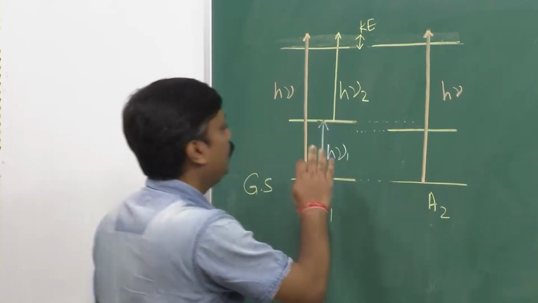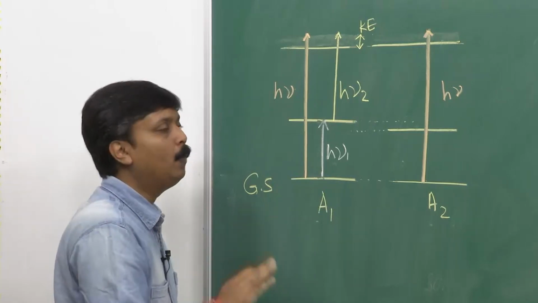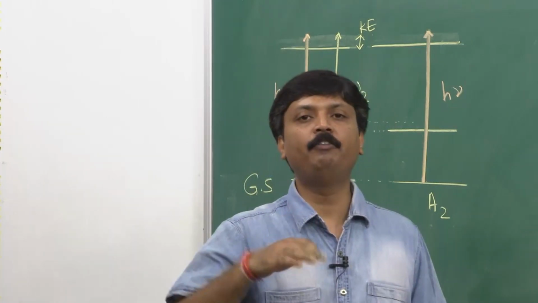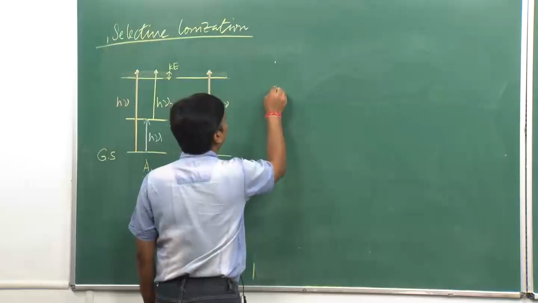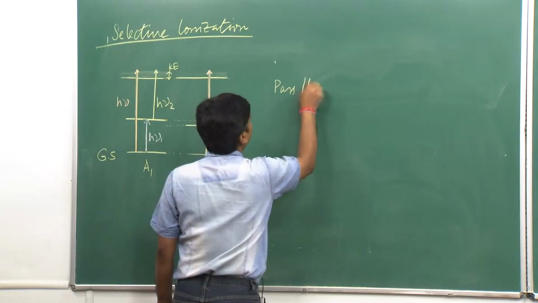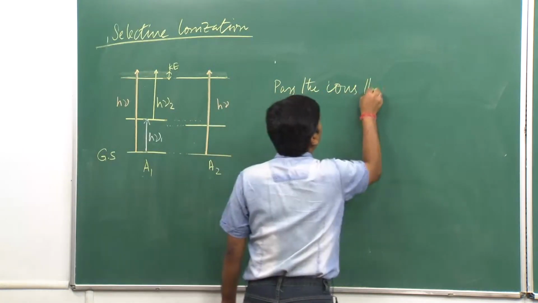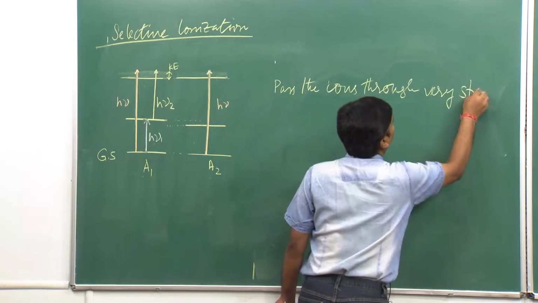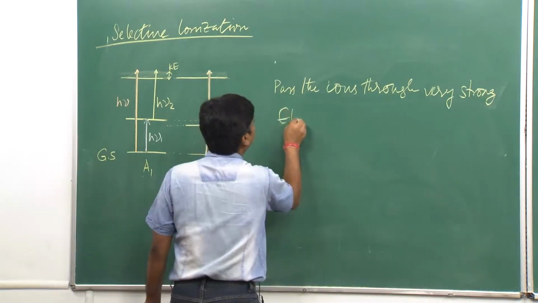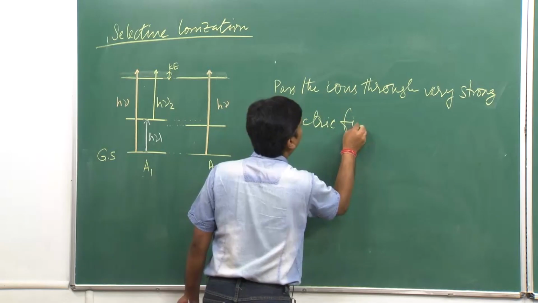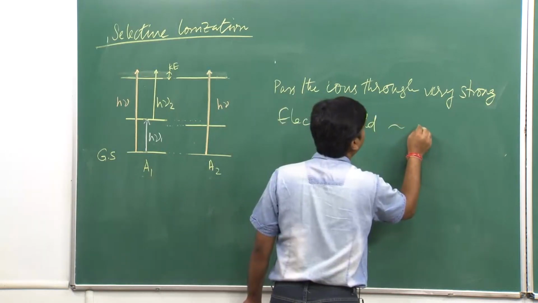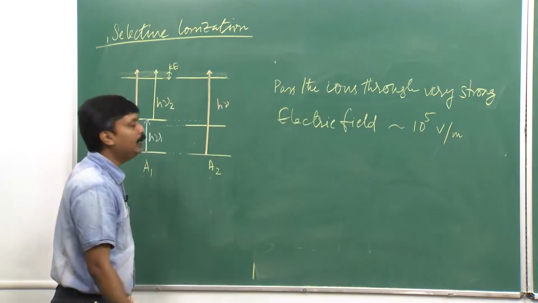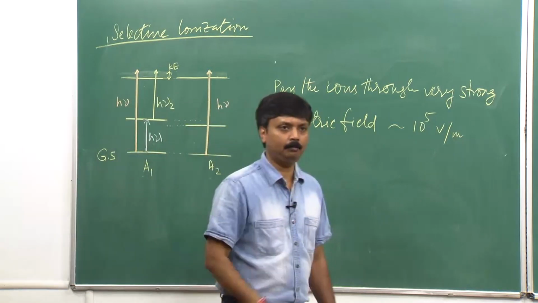After I ionize them selectively, what can I do? I can pass these ions through a very strong electric field, as strong as, say, 10 to the power 5 volt per meter, and then I can selectively collect them, right.